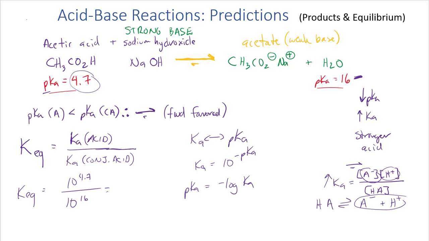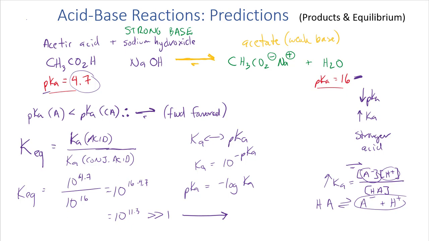So if we simplify that, and we want to be able to either plug that into a calculator or work it out longhand, it is 10 to the 16 minus 4.7, or 10 to the, what would that be? About 11.3. And that is much, much greater than 1. So we are a very much forward favored reaction in this case.